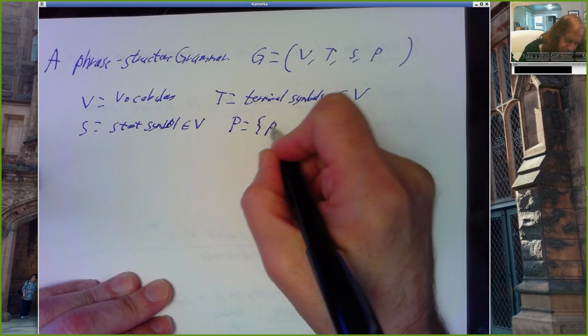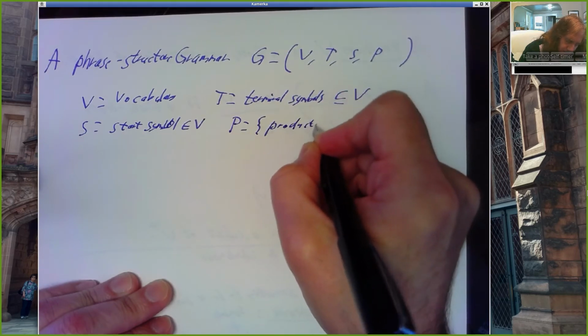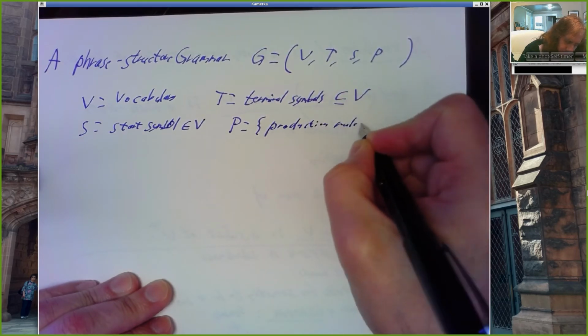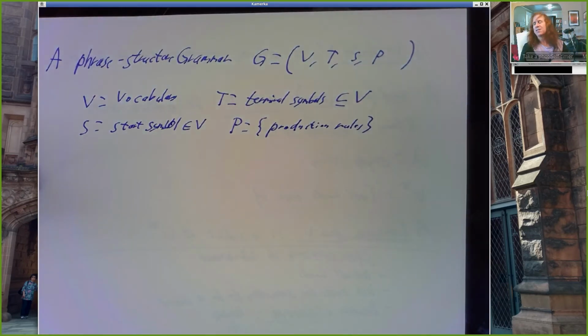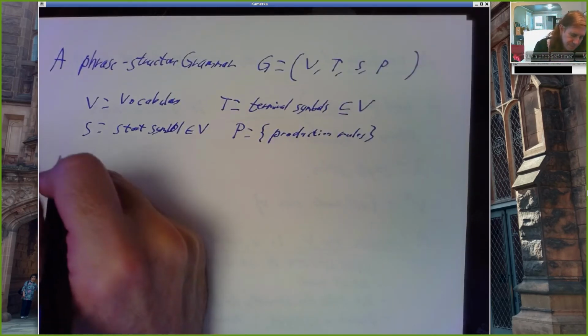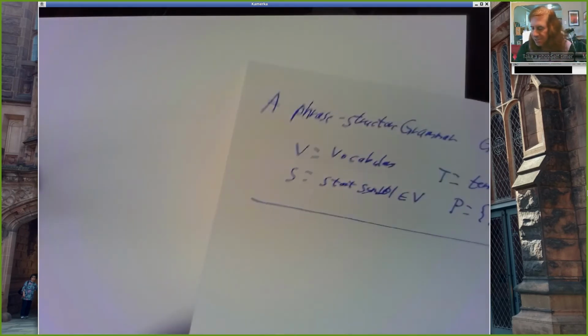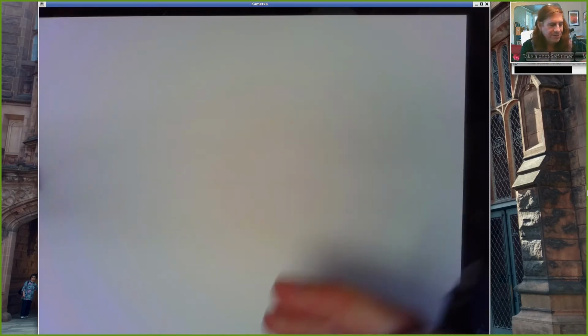P is a set of production rules. The production rules basically tell us how to change one symbol into another. All right, so let's do some examples.